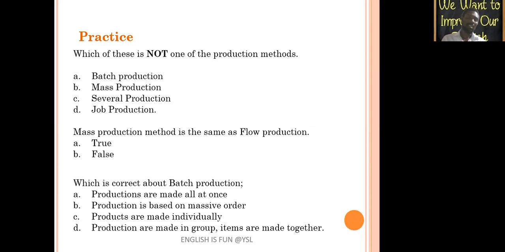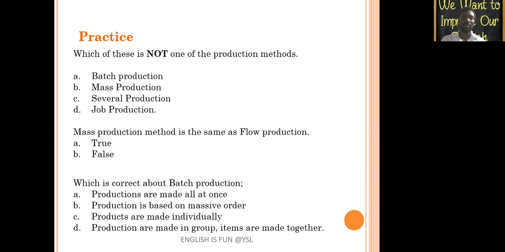Okay, the last one: which is correct about batch production? A, productions are made all at once. B, production is based on massive orders. C, productions are made individually. D, production is made in groups, items are made together.